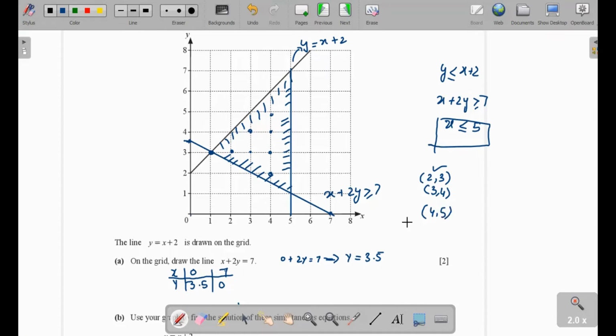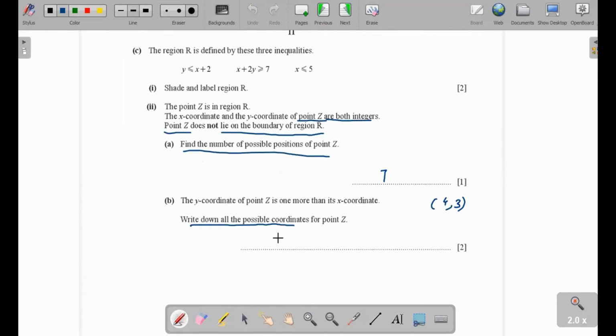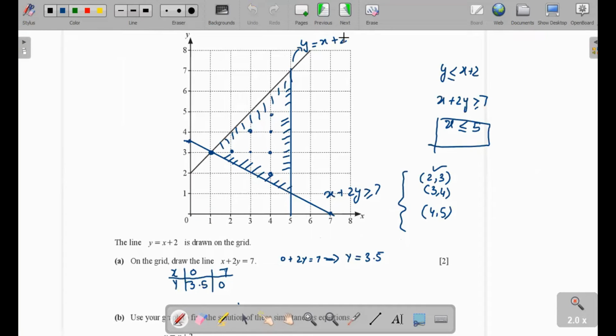Yes. So the points we will take are 2, 3; 3, 4; and 4, 5. That's good.